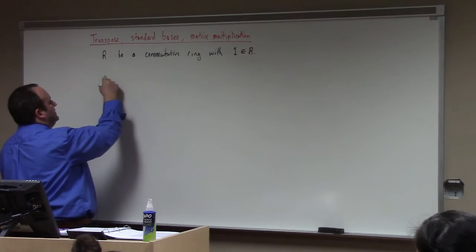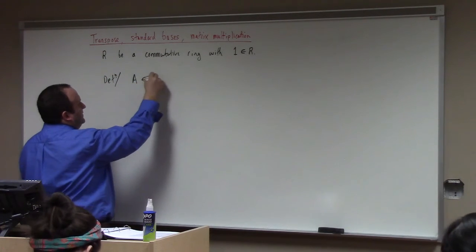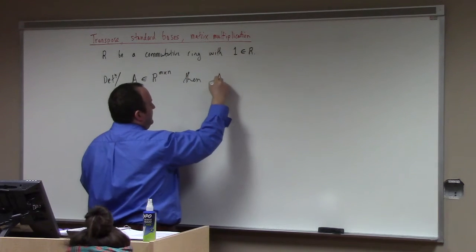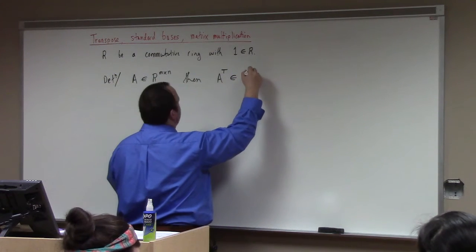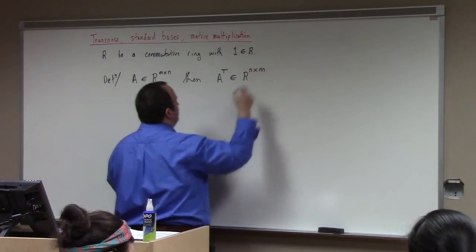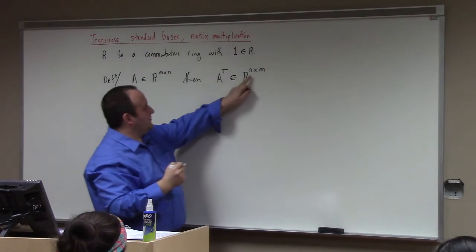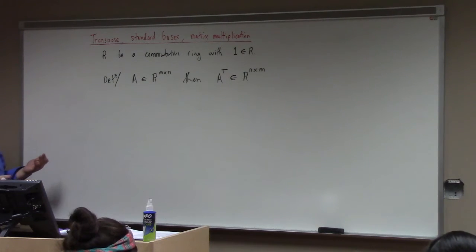One of the things I didn't define last time is that if A is an m by n matrix, then A transpose is the other way around, n by m. So it's a different size matrix, all right?